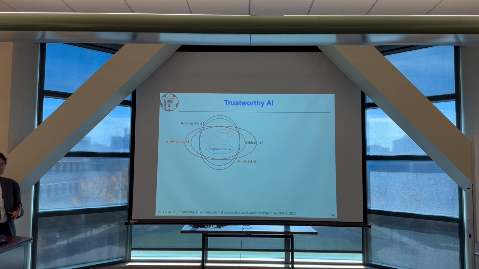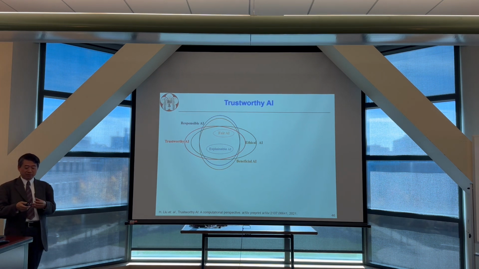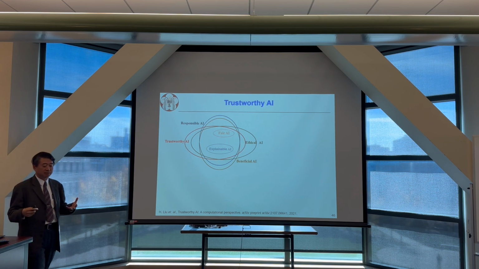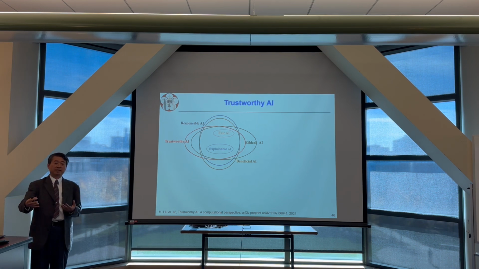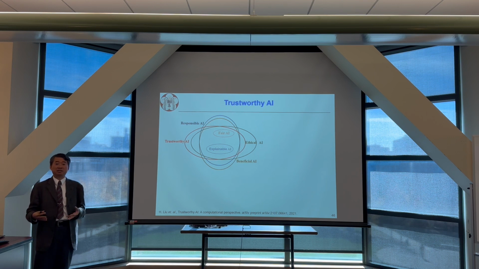So you can see that the core idea behind these questions is whether your AI is fair and whether your AI is explainable. Whether your AI is fair takes care of whether you can protect the privacy of your patients, and whether you don't have any racial discrimination.